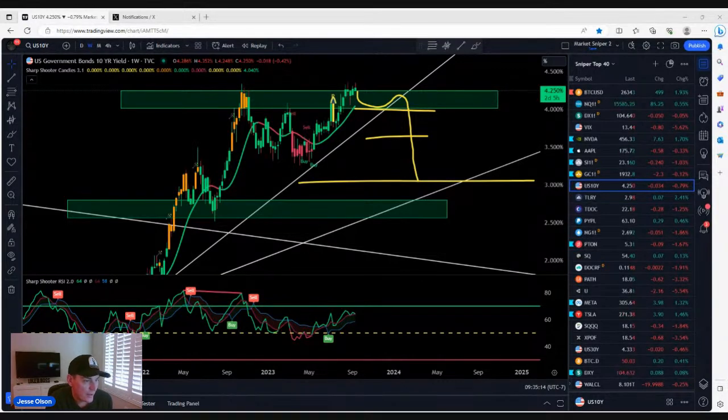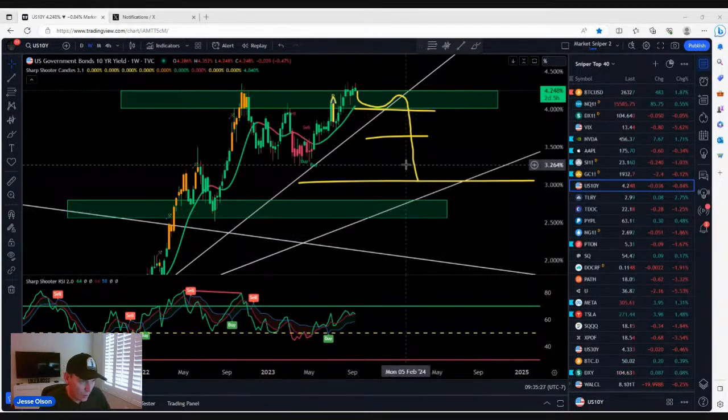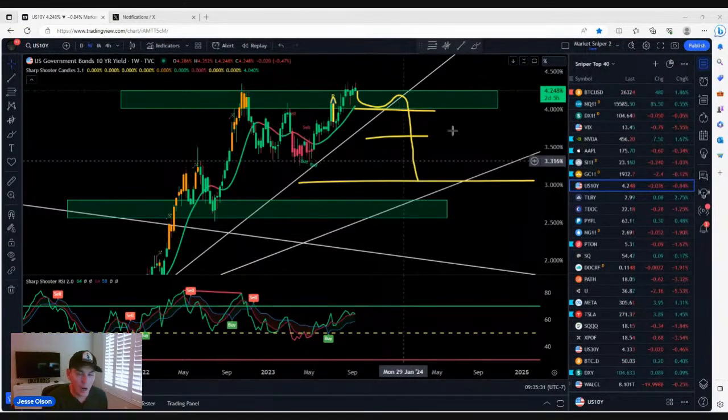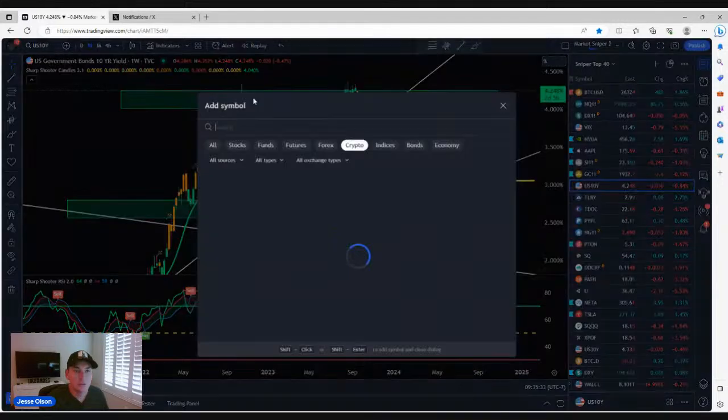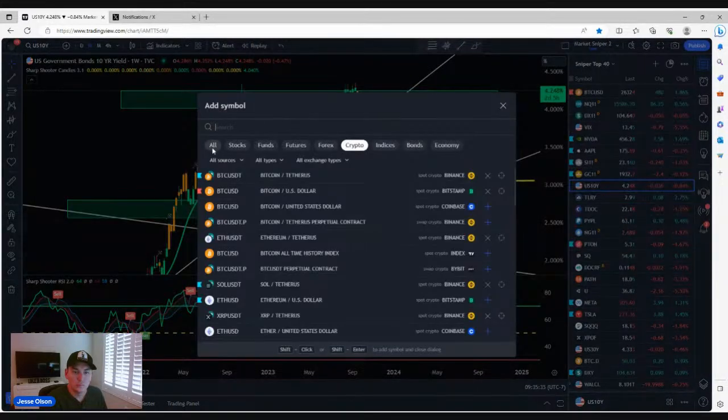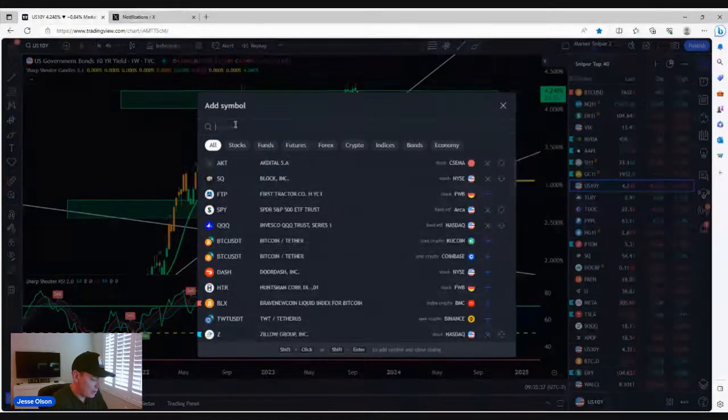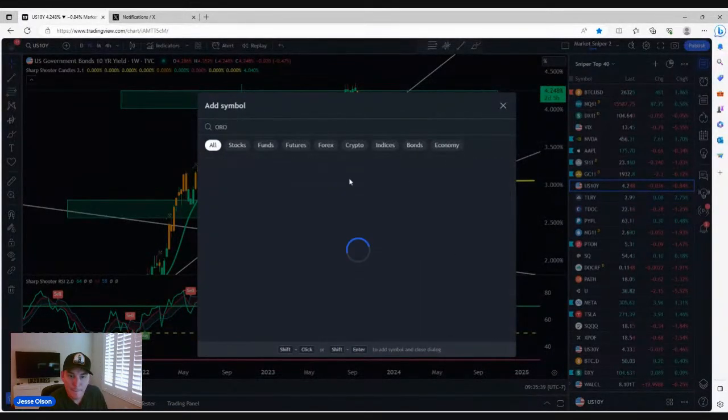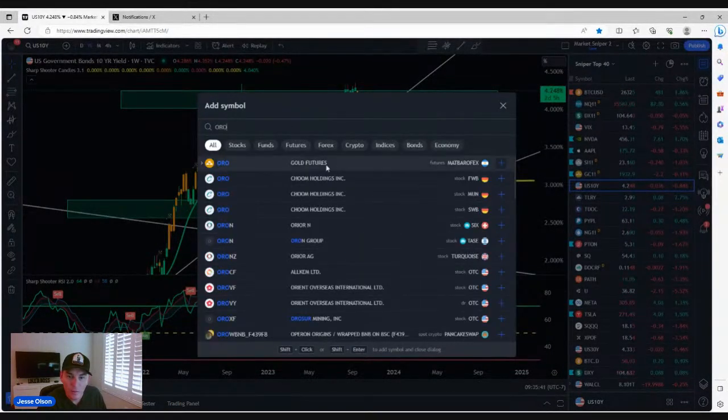Gold. Yep, covered that on the weekly chart at least. So, it's still bearish, Arnold, on the weekly chart. Saw that. Oro. I'm going to guess Oro is, Arnold, is Oro crypto or stock? Let's see. Oro. Let me type this in here. Oh, gold futures.